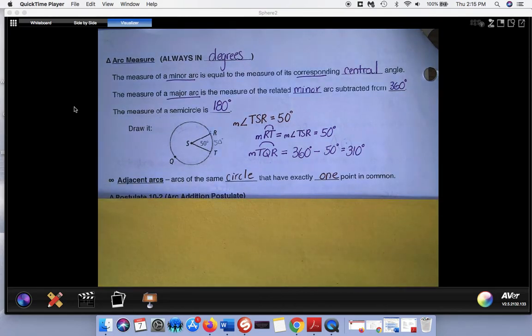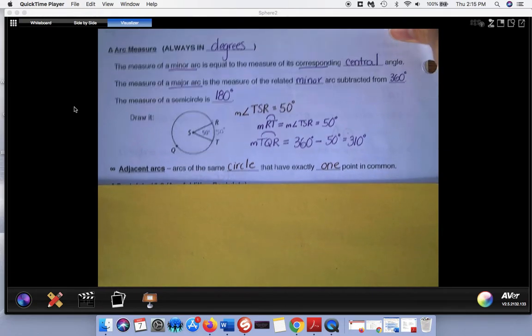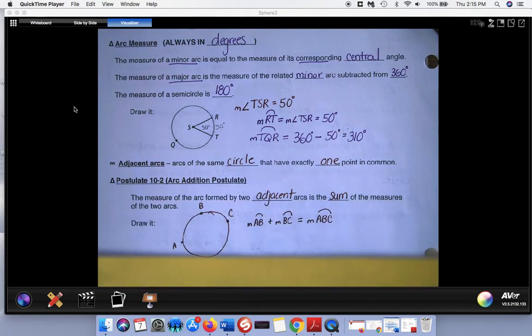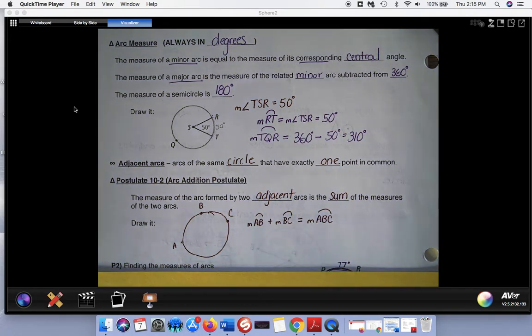There is also something that should relate back to some of the very first days of geometry, when we talked about maybe adjacent angles early on, even adjacent line segments. Adjacent arcs are arcs of the same circle that have exactly one point in common because they're right next to each other. There is a postulate, and again, this postulate can relate back to some of our very first days in the course when we talked about the segment addition postulate or angle addition postulate.